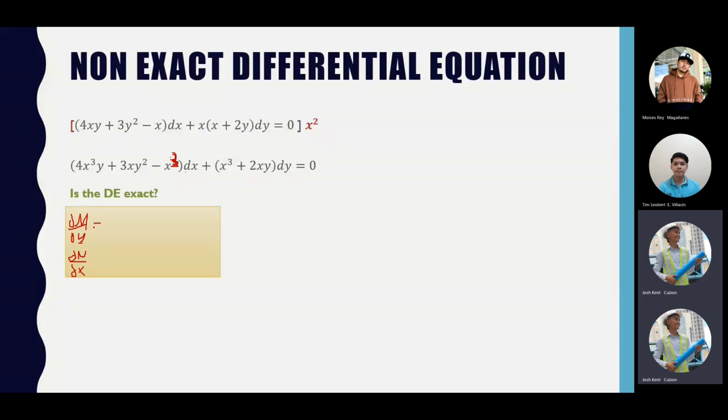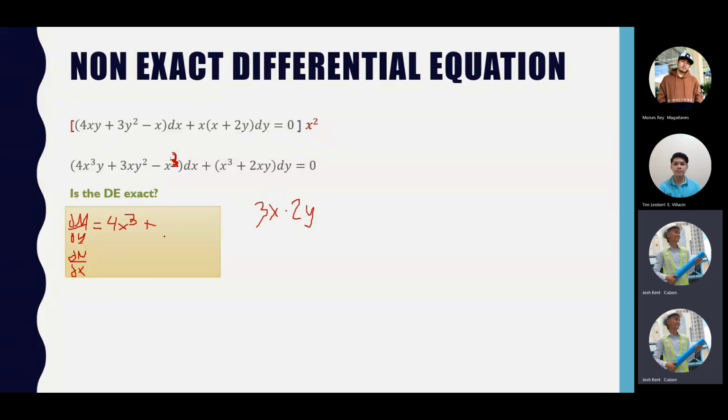So, with partial of y, we treat x as constant. So the derivative is 4x cubed plus, 3x is constant, so 3x times the derivative of y squared, which is 2y.